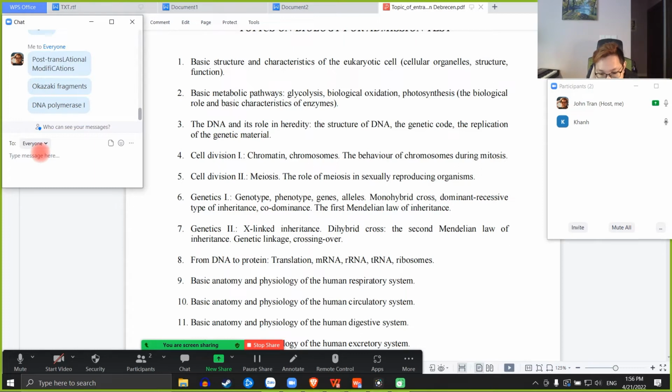So it needs to be replicated, doubled, to create two daughter cells that have the same number of chromosomes as the mother. It helps to double the amount of chromosomes.